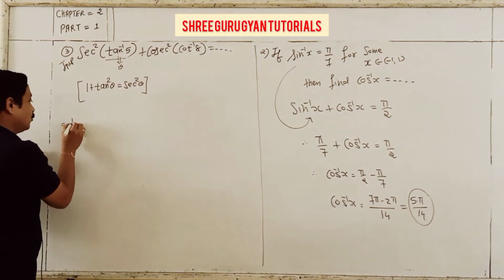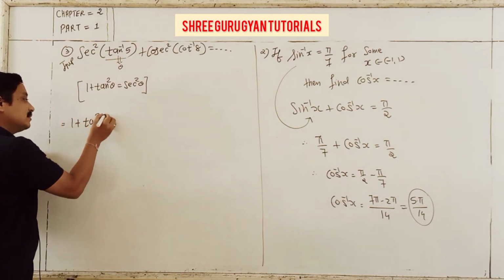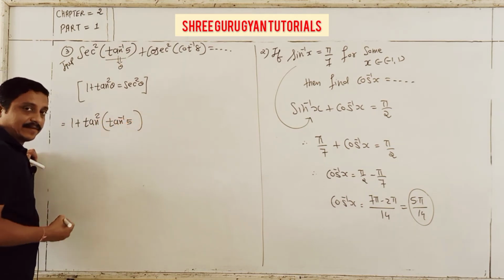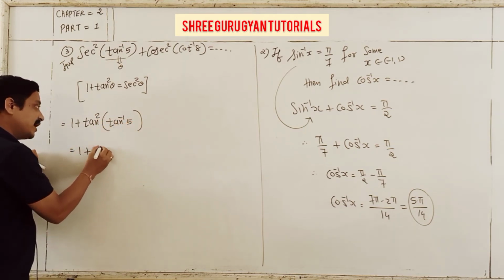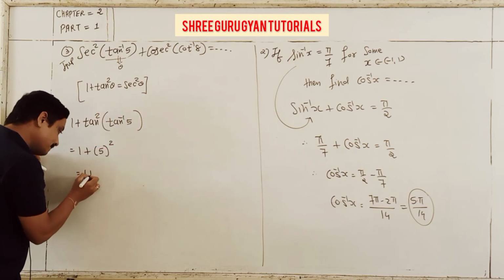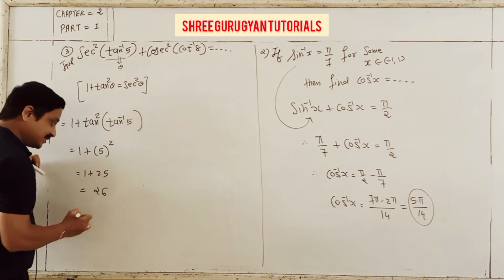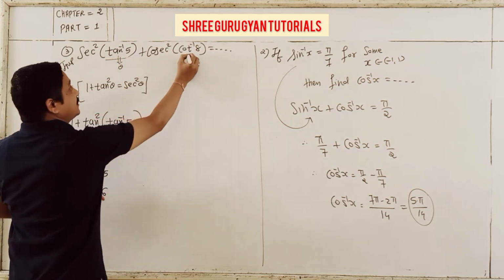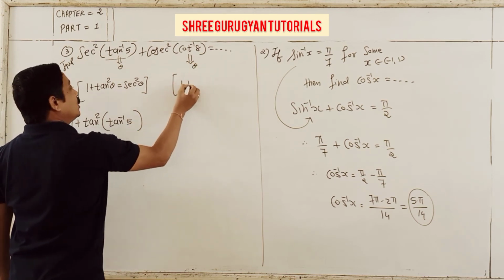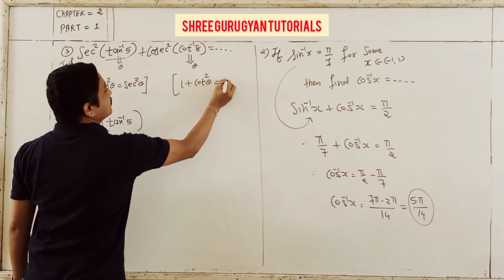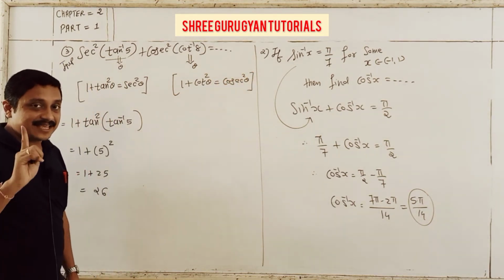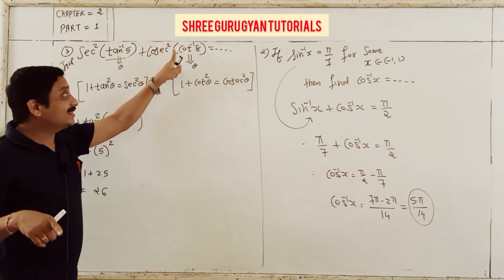So I will write down 1 plus tan square, but theta is what I assumed? Tan inverse 5. So my data is 5. Tan and tan inverse cancel. It is the square. That gives 26. Same here, consider this theta, and the identity you know, 1 plus cot square theta is equal to cosec square theta, and same value here, cosec square is the theta.